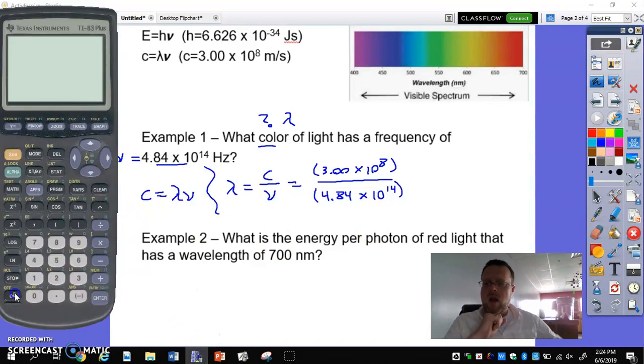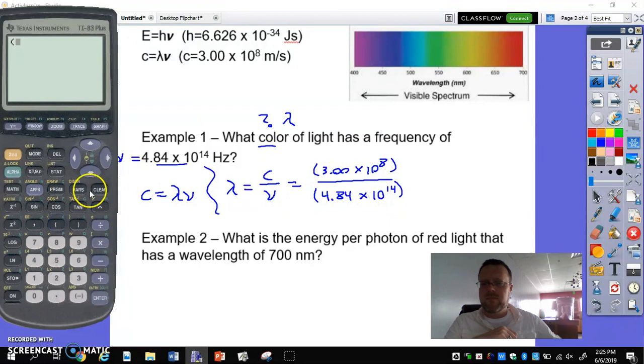Okay, all right, now it's important that if you're dividing numbers in scientific notation that you put parentheses around them, because your calculator, or at least most calculators, aren't too smart about making sure that they divide by the entire number. Your calculator follows, unfortunately, order of operations all too well. So you have to make sure that your calculator understands that it needs to divide by this entire number and not just a portion of it.